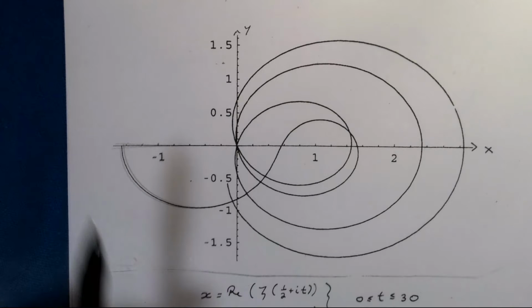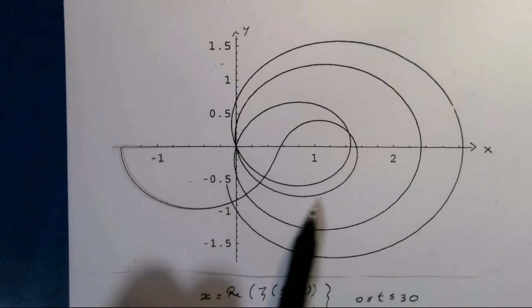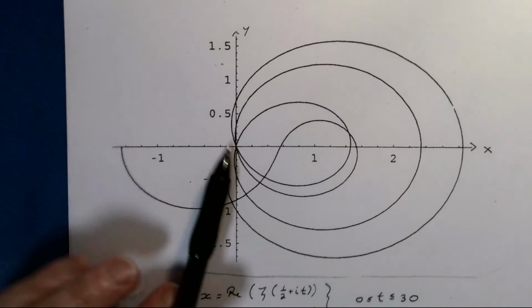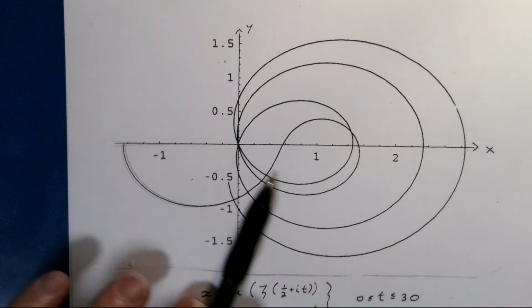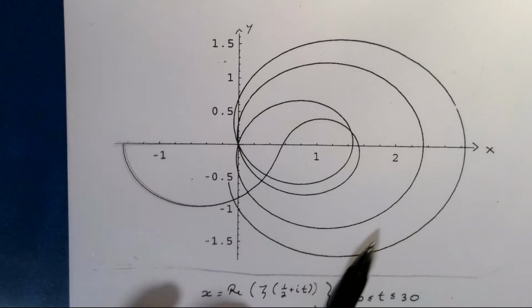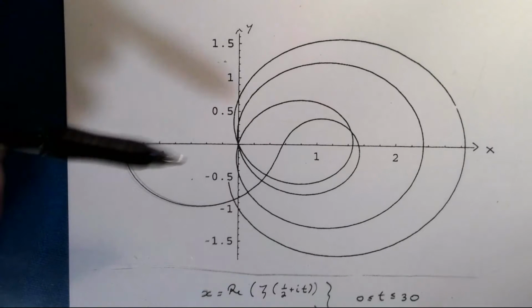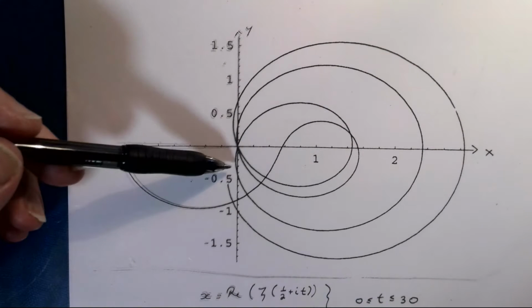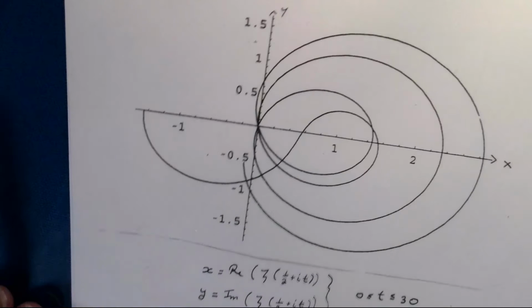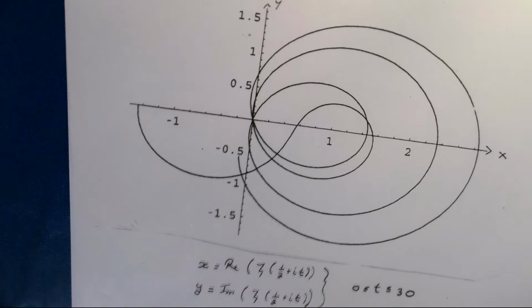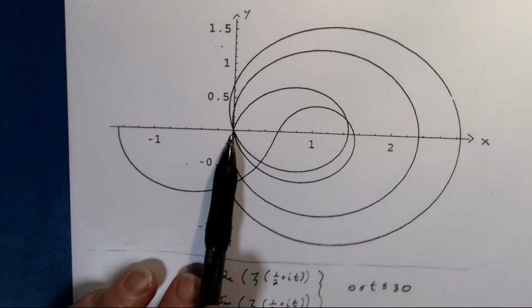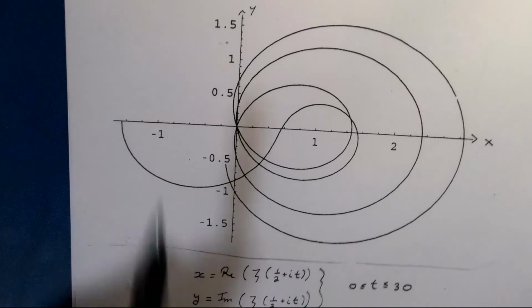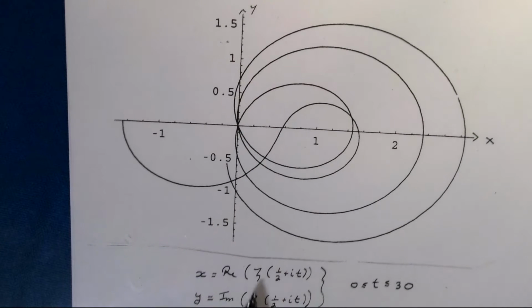You can see this winding around, and it goes through the origin once, and twice, and then 3 times. That's between t is 0 to 30. So these points represent points where the zeta function is 0 on the line s is a half plus it.